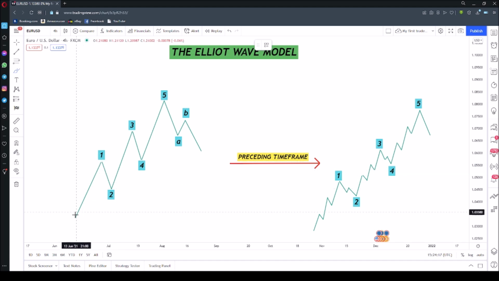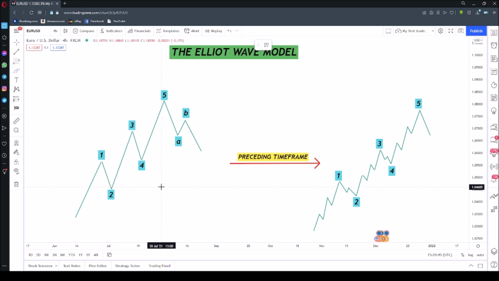In this case, we are saying this wave is separated from wave 2, 3 with this pullback, which is actually a correctional wave 2. So you should always look for separation of these as pullbacks or as consolidations. So we might have wave 2, the correctional wave, as a consolidation in between these 2 impulsive rises.